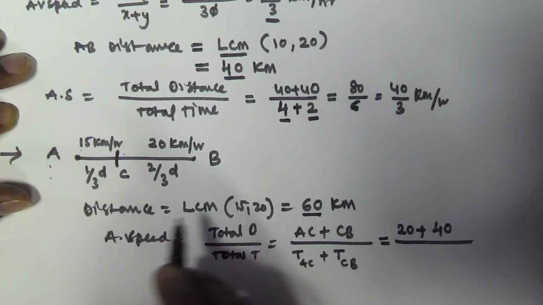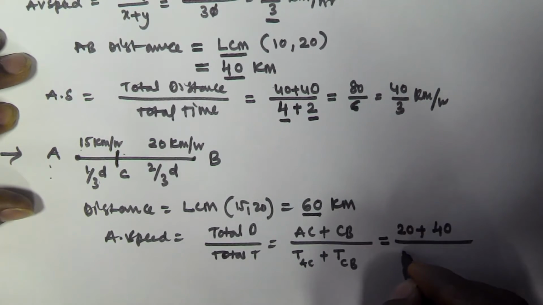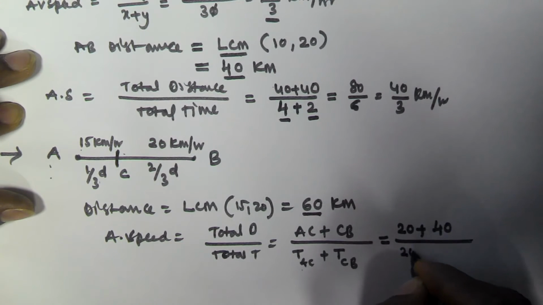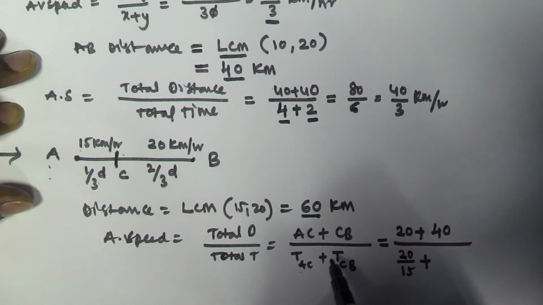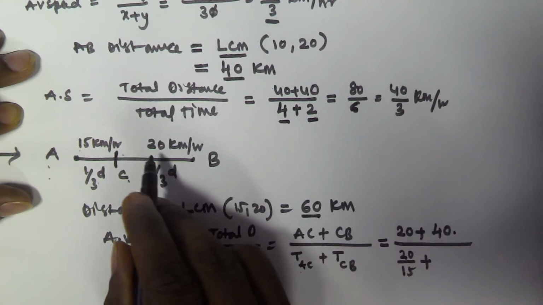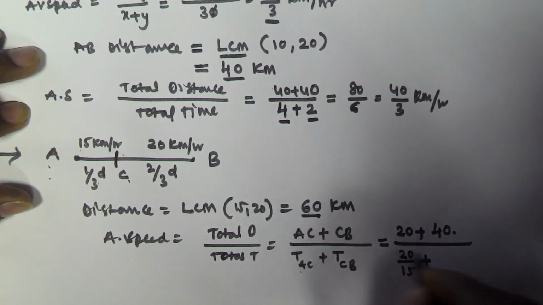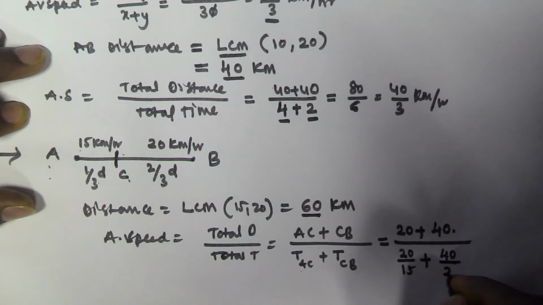From A to C he traveled at 15 kilometers per hour. The distance from A to C is 20 and his speed is 15 kilometers per hour, so the time taken from A to C is 20 by 15, plus the time taken from C to B. The C to B distance is 40 kilometers and he is traveling at 20 kilometers per hour, so the time taken from C to B is 40 by 20.